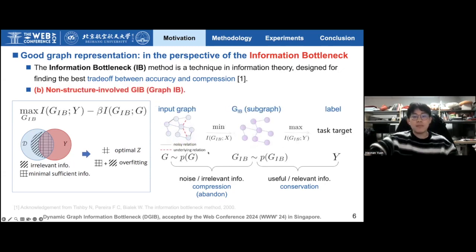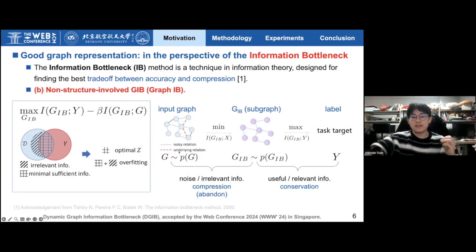When it comes to the scenario of graphs, we call it graph IB or GIB. And GIB can be further categorized into the non-structure involved GIB and the structure involved GIB. The non-structure involved GIB aims to find a subgraph, which we call the IB graph, that can play the same role as the intermediate representation Z does in the vanilla IB. So it also follows the 2-stage optimization process.